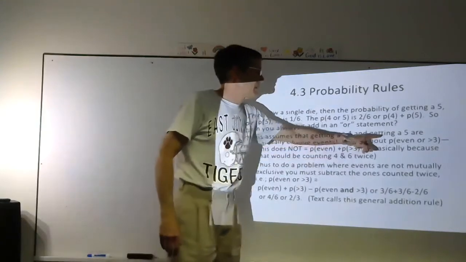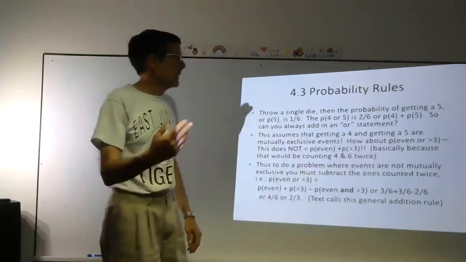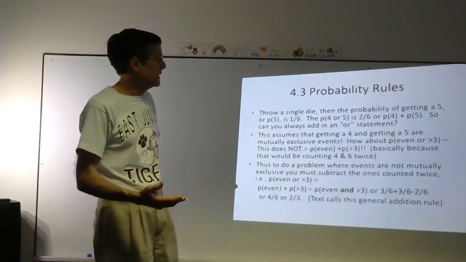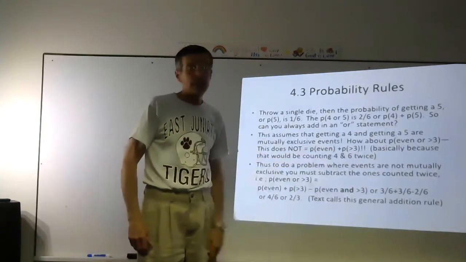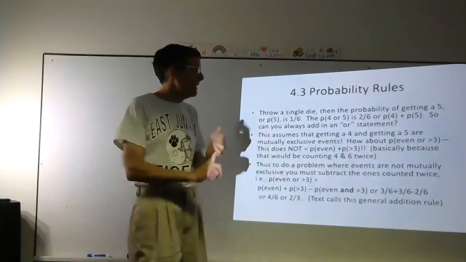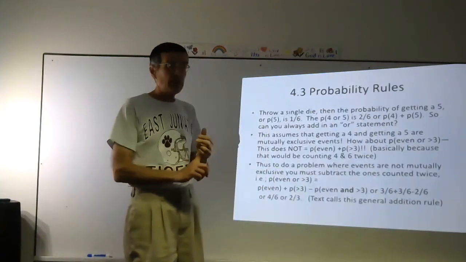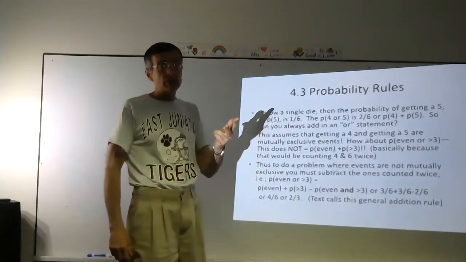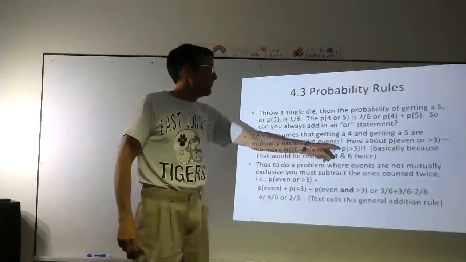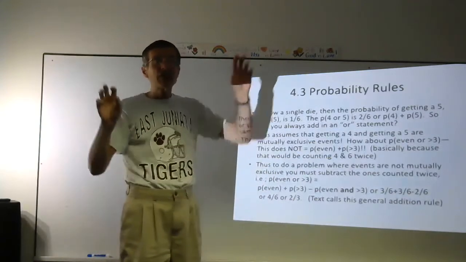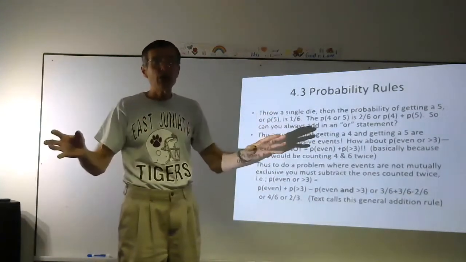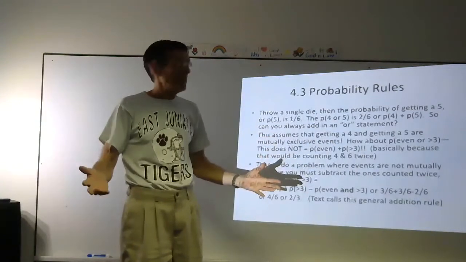How about the probability of getting an even number or bigger than 3? This does not equal the probability of getting an even plus the probability of getting bigger than 3, because getting an even is 2, 4, or 6, right? Getting a number bigger than 3 is 4, 5, and 6. That's 3 out of 6 and 3 out of 6. If you add those, that's 100%, okay?